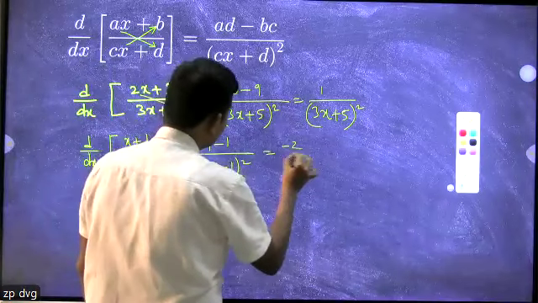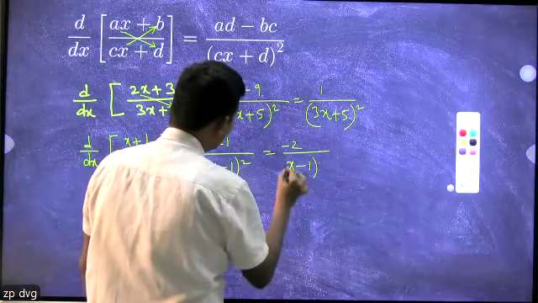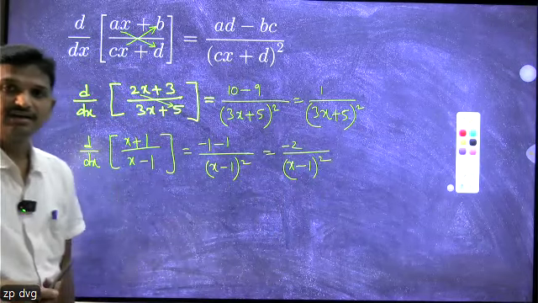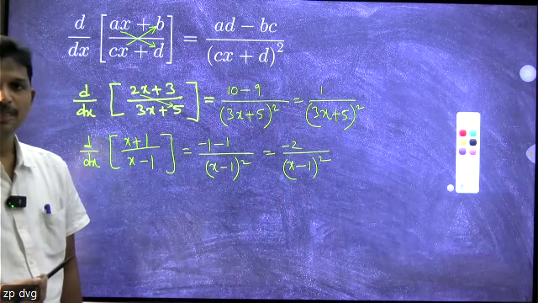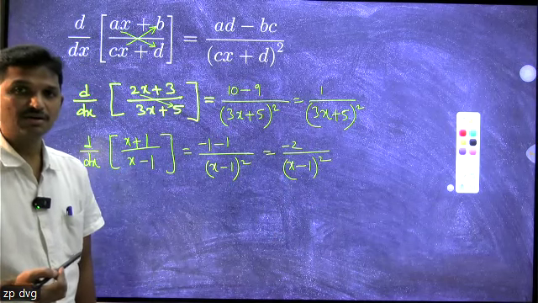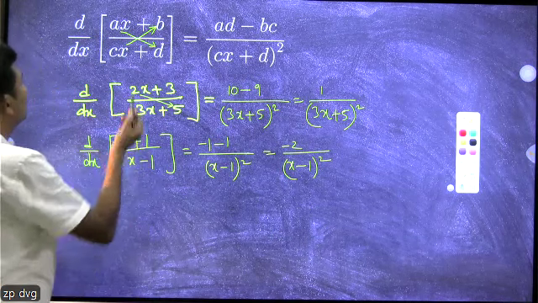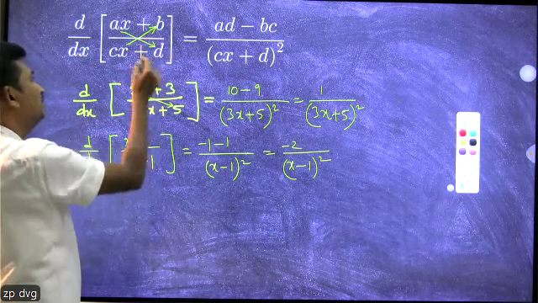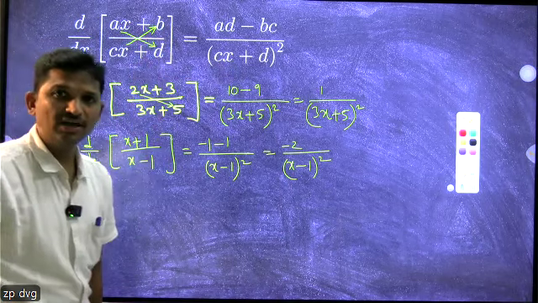So that is minus 2 divided by x minus 1 whole square. You can try directly with the quotient rule, and you will get the same answer. Right? This is the one shortcut you learn in this differentiation chapter. What is the point to remember? Linear by linear, then ad minus bc divided by denominator whole square. Okay, right.